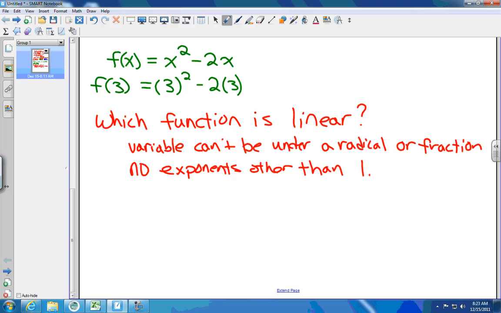And there was at least one more. Exactly. No variables multiplied. So that would be like if you saw an XY in there somewhere, that would not be linear.